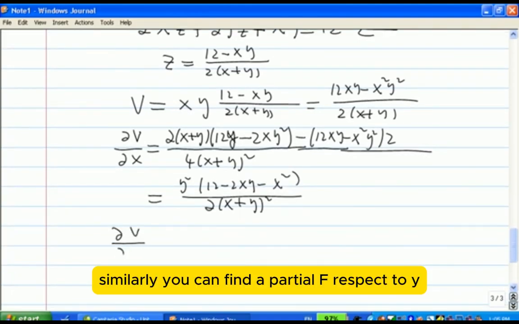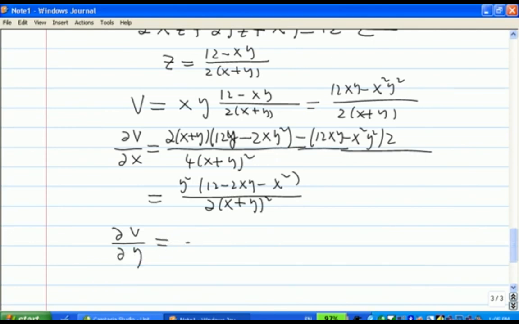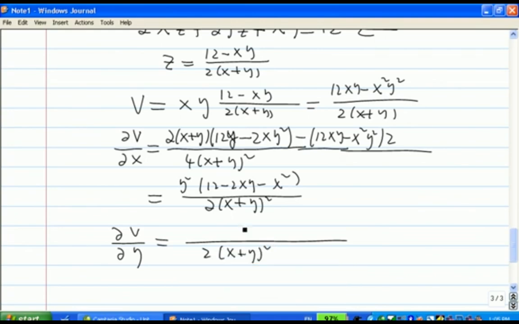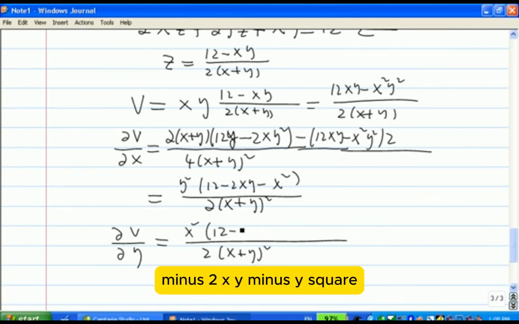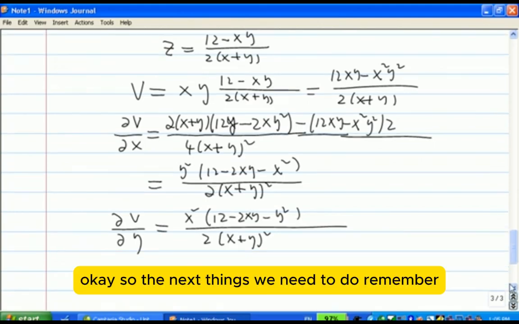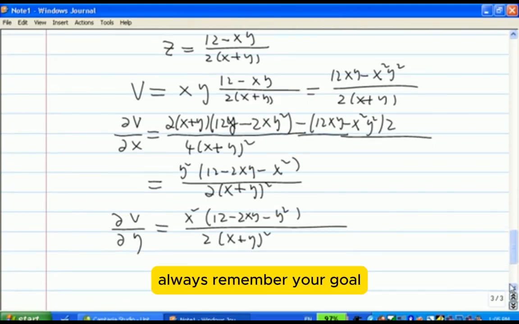Similarly, you can find the partial f with respect to y. That gives you y squared times (12 minus 2xy minus y squared) over (2x plus y) squared. Okay, so the next thing we need to do, always remember your goal. Our goal is to find x and y that make v as large as possible.